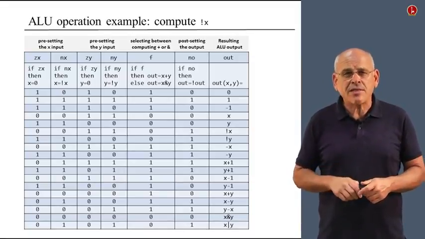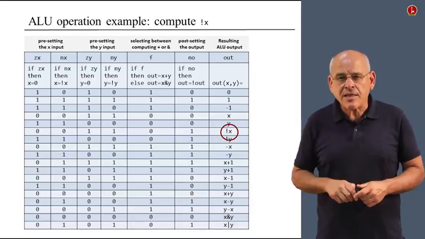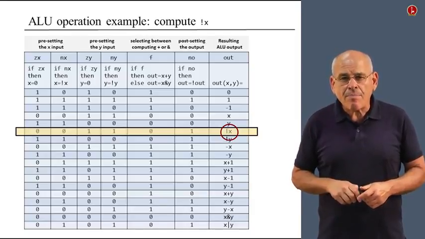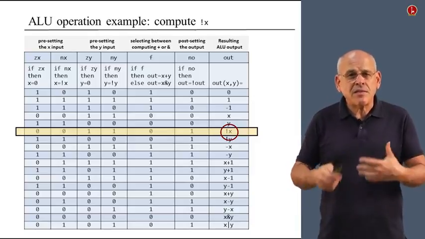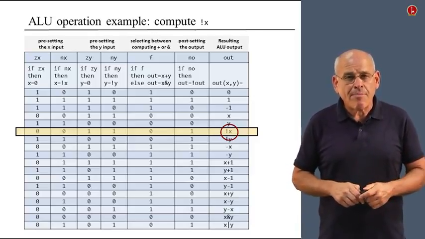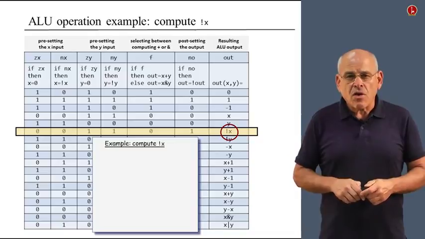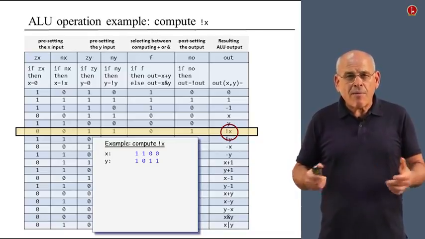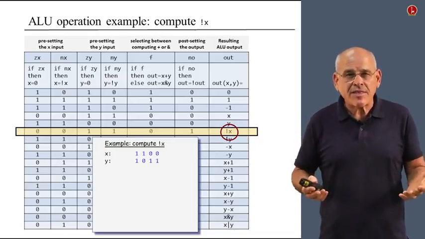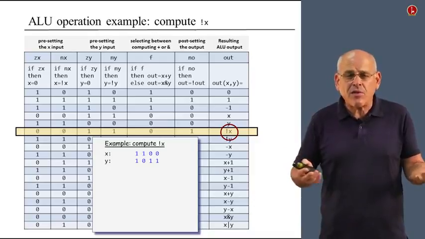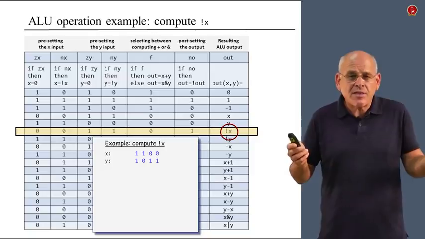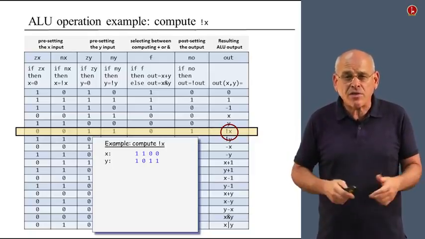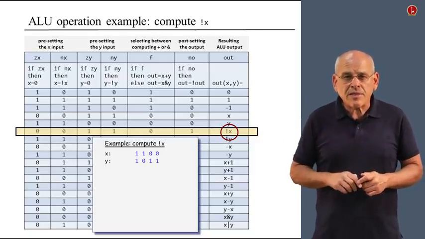I look up not x in the right-hand side, I see it right there, and then I look up the binary values of the 6 control bits, and I start simulating on paper what happens inside the ALU. To do it, I have to come up with some arbitrary examples of x and y. So I make up 2 values, and I use 4 bits instead of 16 to make it less tedious. So I have these 2 examples, x and y, arbitrarily chosen. And then I look at the control bits.